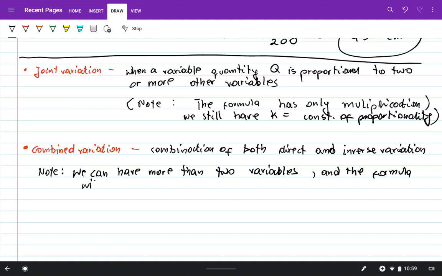The multiplication comes from direct variation, division comes from inverse variation, and of course we still have K, which is the constant of proportionality.